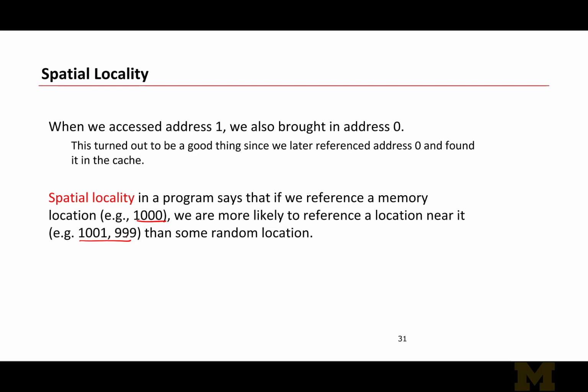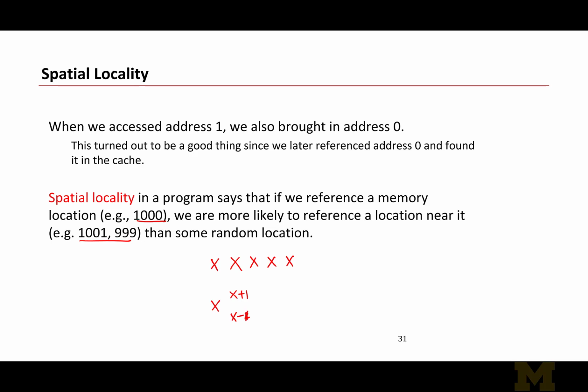It's worthwhile to contrast this with temporal locality. Temporal locality said, if I access a location, say address X, I'm more likely to access that address in the near future than a random location. In contrast, spatial locality says, if I access a location X, then there is a very high chance of accessing X plus 1 or X minus 1.